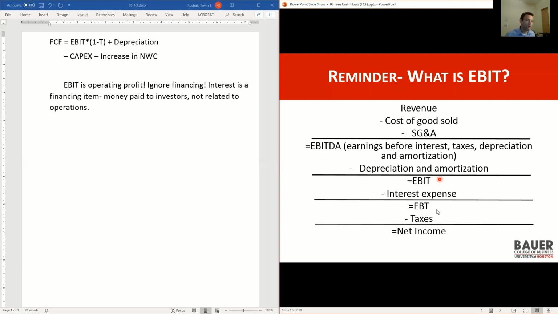Now, to get the tax rate, what do you do? You look at your taxable income, which is your earnings before taxes. Right? Your taxable income is your earnings before everything else except taxes. And then you figure out your taxes based on your earnings before taxes. The ratio of these two things gives you your tax rate.